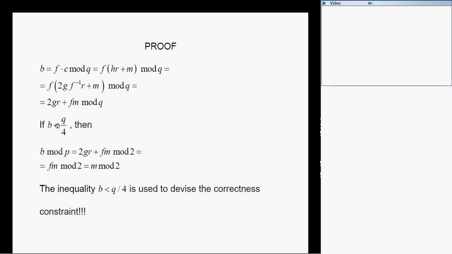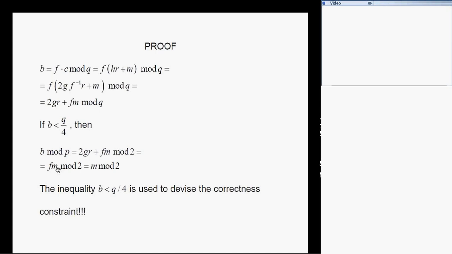Of course, if this is true, then after applying the mod 2 operation to this expression, anything multiplied by 2 will be congruent to 0, so that term can be eliminated. We have F multiplied by M mod 2 as the result. And we remember from the definition of the polynomial F that it's congruent to 1 mod 2.